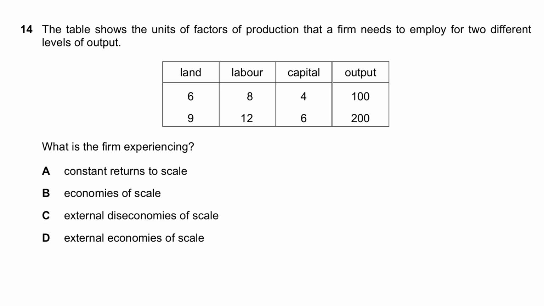So what we look at, first of all, is the rate at which output is changing. That will be 200 minus 100 over 100, new minus old over old, times 100, which is equal to 100%. There's a 100% increase in output. But if you look at inputs, they are not increasing by 100%. In fact, it's 9 minus 6 over 6 times 100, that would be 50%.